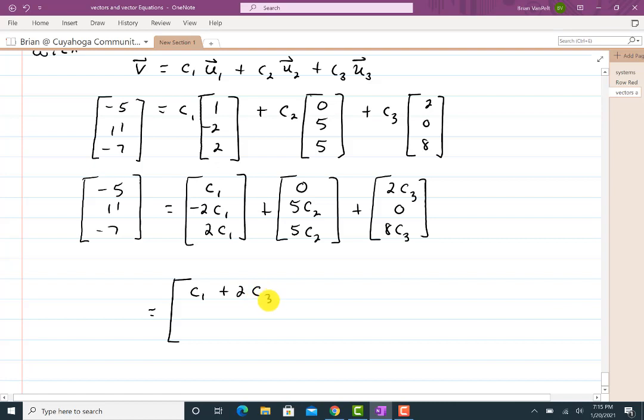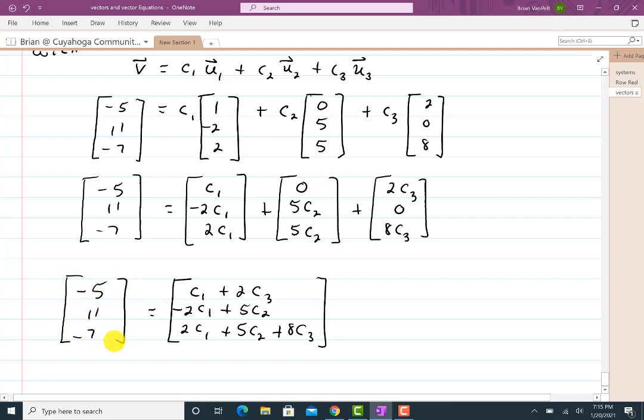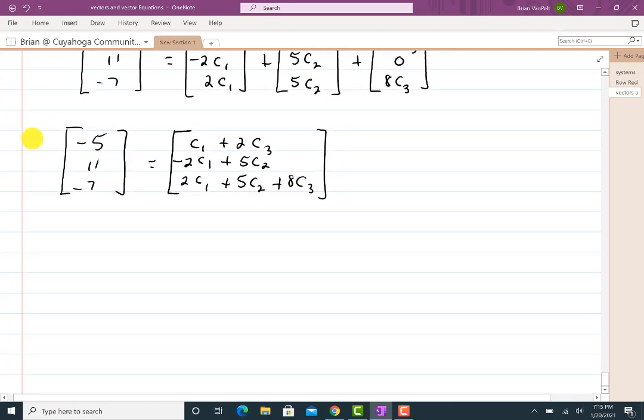That 0 doesn't mean anything. Then we have negative 2C1 plus 5C2. And then finally I have 2C1 plus 5C2 plus 8C3. On the other side I have negative 5, 11, negative 7. Now, two vectors are equal if and only if their components are equal to each other. So I have a sequence of equations.